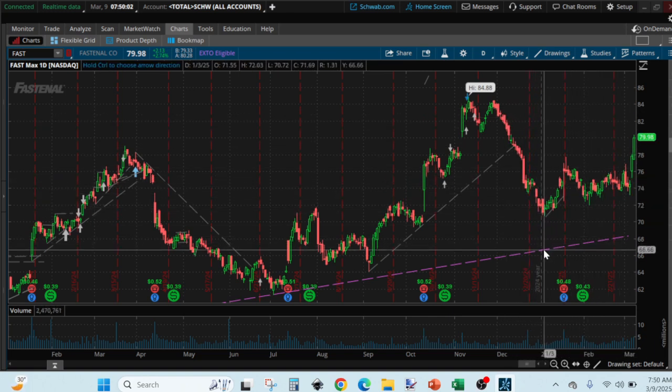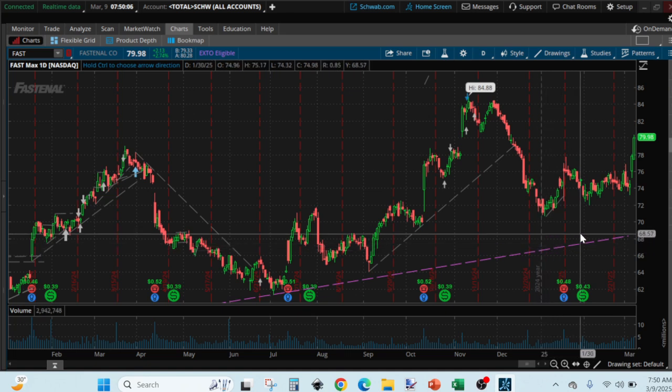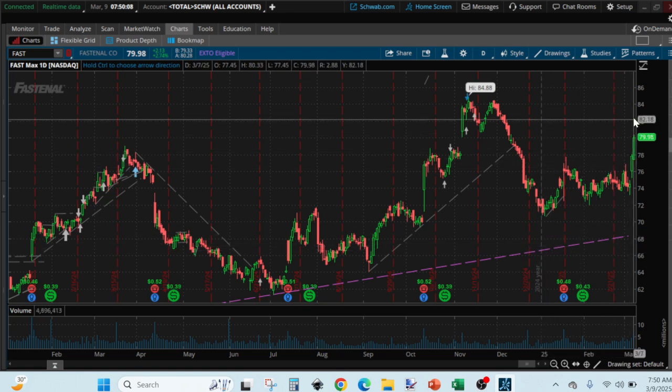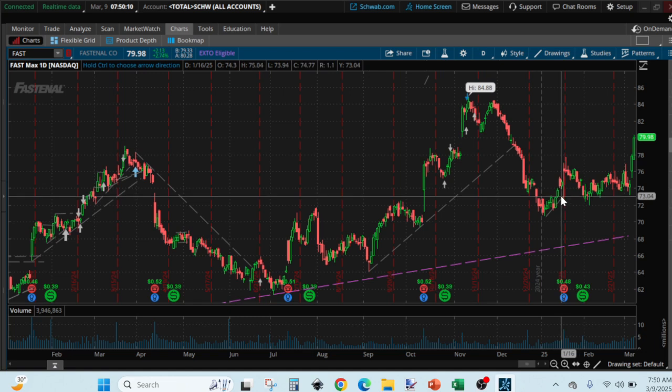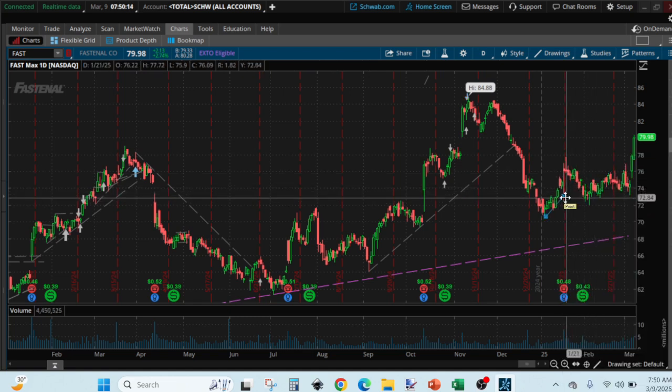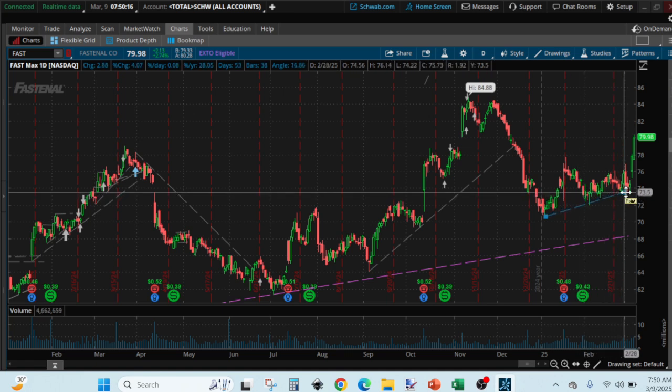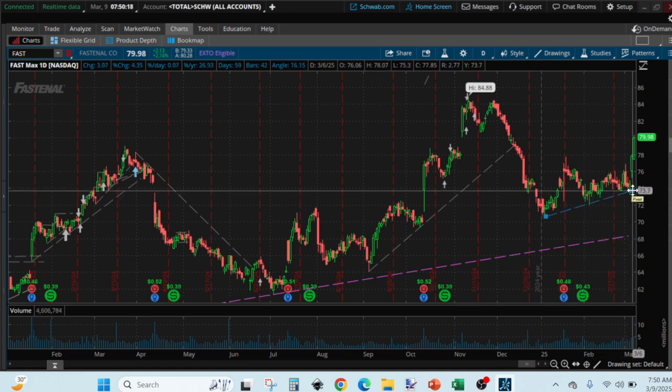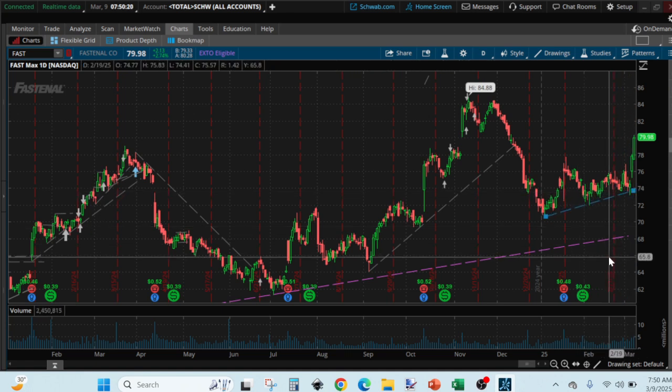It didn't really touch base with the trend line, the bottom, and it started going up. So we are just going to keep observing it to see if it's going to reach a new high from where it is for us to make a profit in it before we sell it.